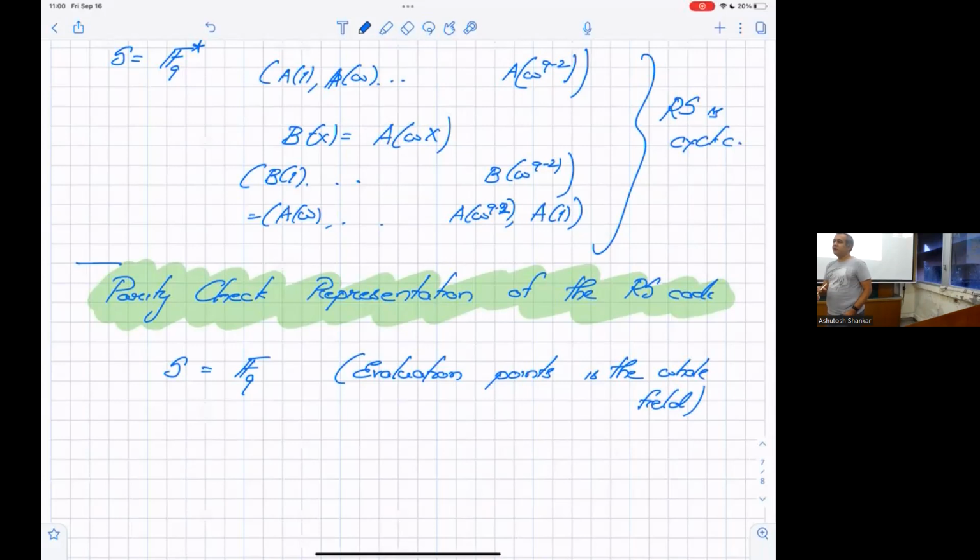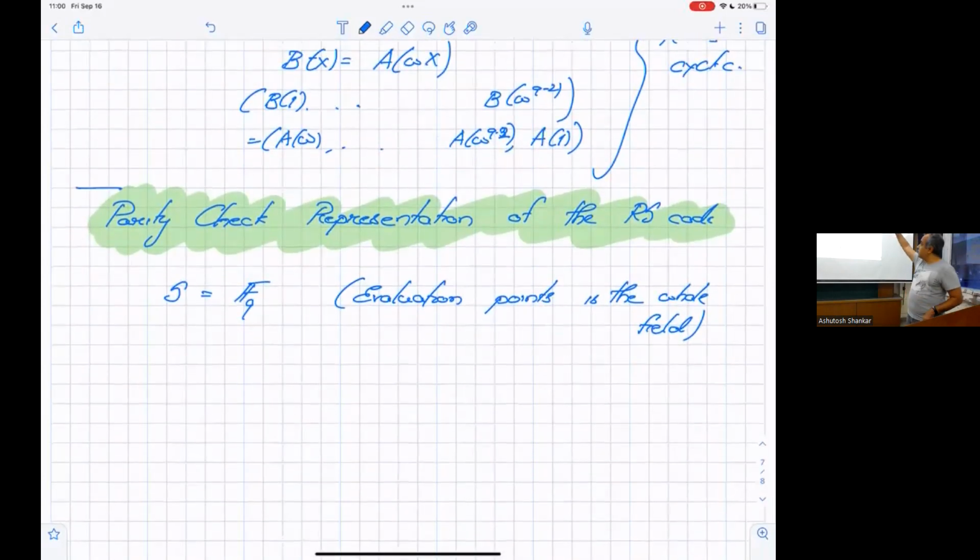I will go on to the second problem. Let's see what this is. We need a basic piece of information, and that's where I needed the multiplicative generator. So let's look at a summation.